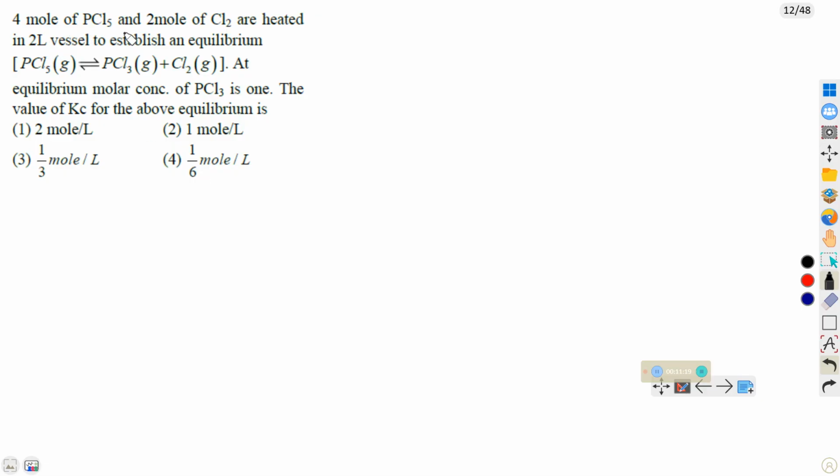4 moles of PCl5 and 2 moles of Cl2 are heated in a 2-liter vessel to establish an equilibrium. PCl5 gives rise to PCl3 plus Cl2. At equilibrium, the molar concentration of PCl3 is 1.